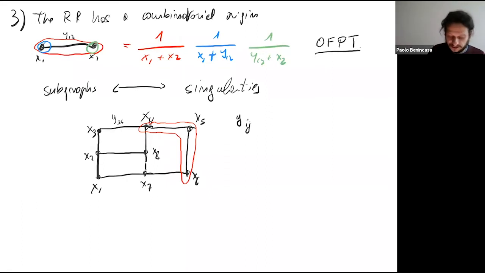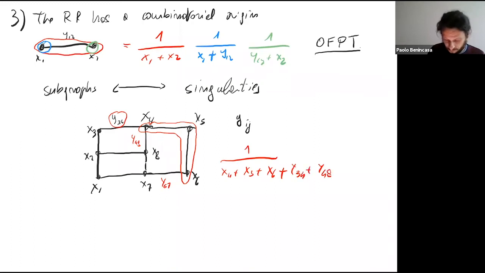To this, one associates the inverse of x4 plus x5 plus x6 plus all the energies related to the internal edges that this blob is cutting, which I call the energies which are still external but related to the propagators, which in this case are y34, then y48, and y67. So you know that this graph, which can be arbitrarily complicated, has a singularity there.